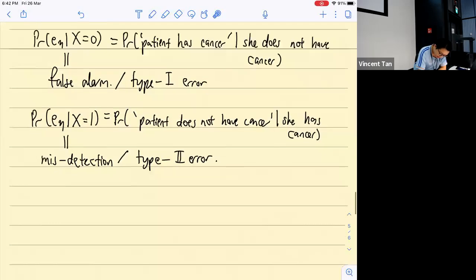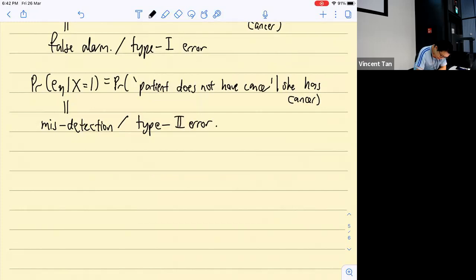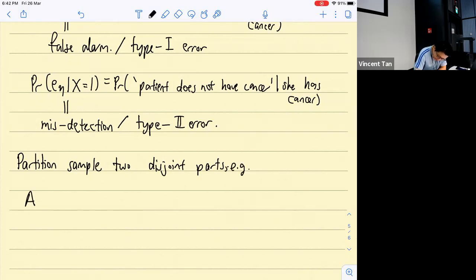In fact, whatever hypothesis test we are doing, we are always partitioning the sample space into two disjoint parts. For example, using the MAP rule, how are we partitioning the sample space? We are partitioning it in this way. A0 is equal to the set of all possible y's for which my likelihood ratio is less than eta.